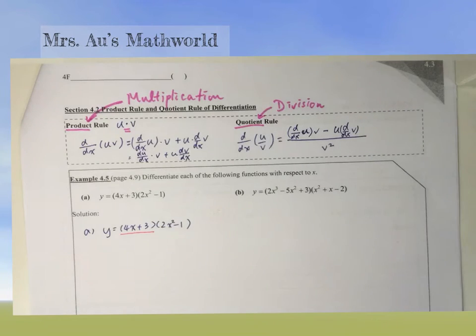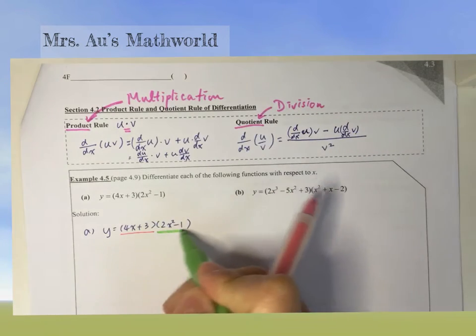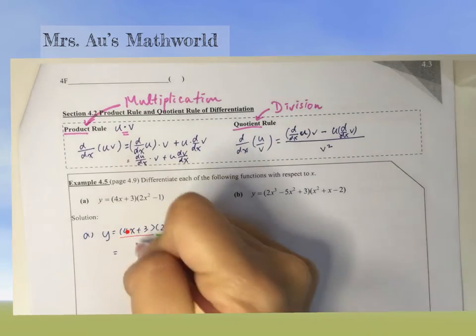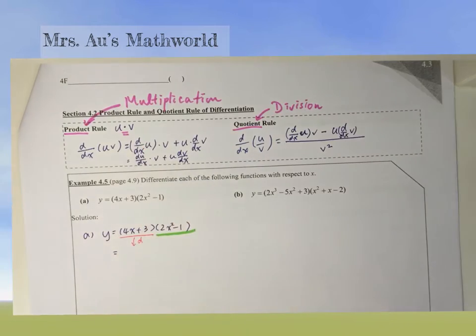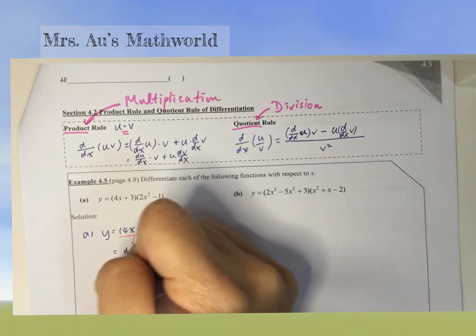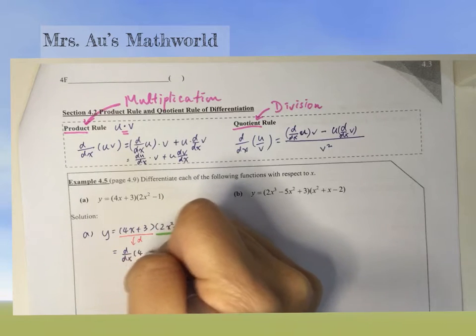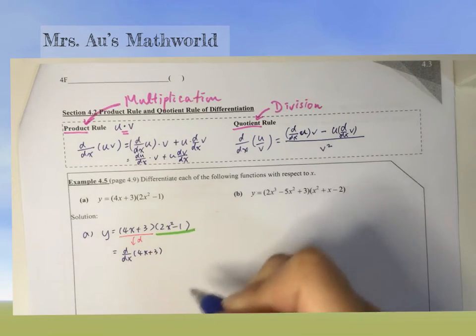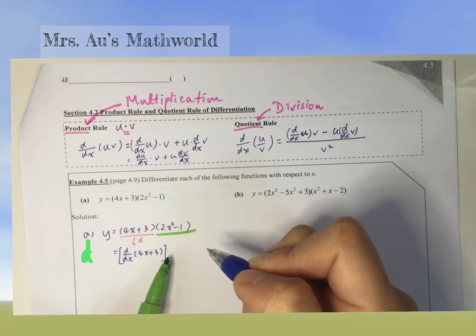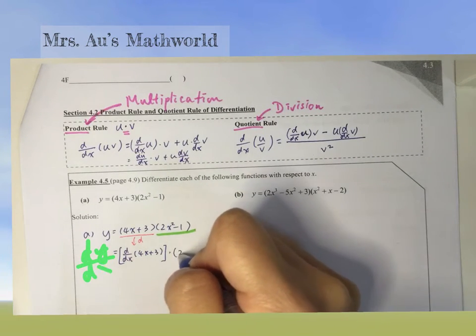So for the product rule, we have two objects multiplied together, like the factorized polynomial, and then we differentiate the first one and keep the second one. I have to add dy/dx here.